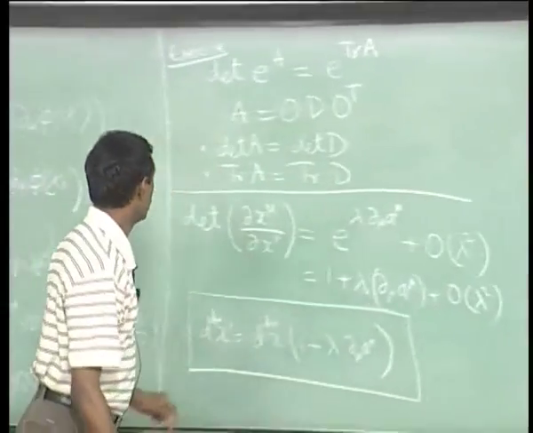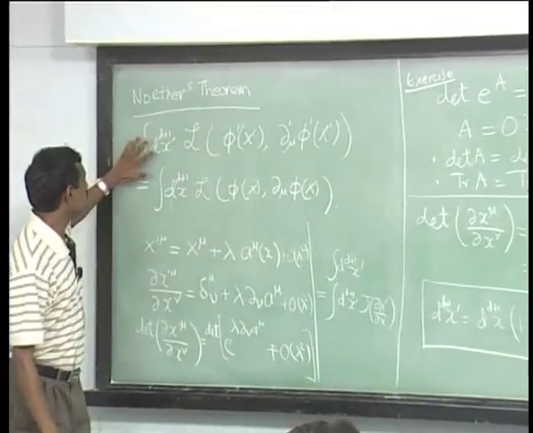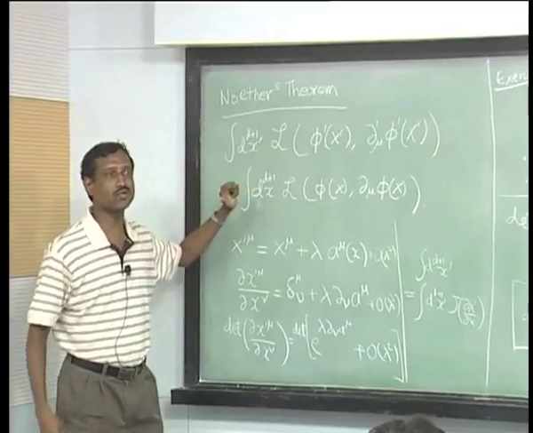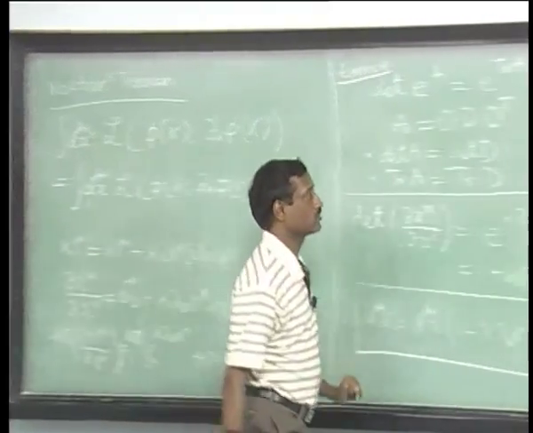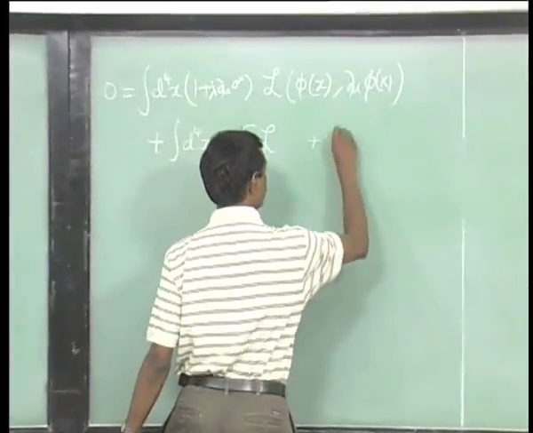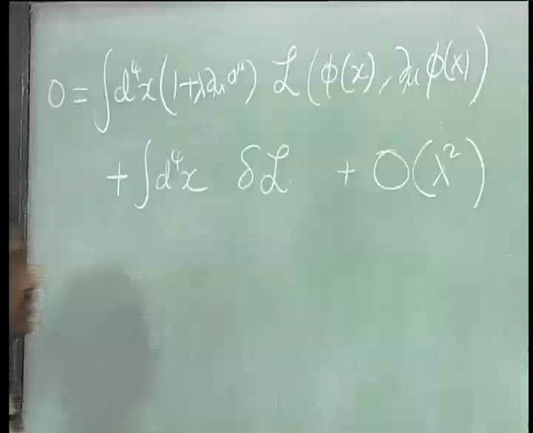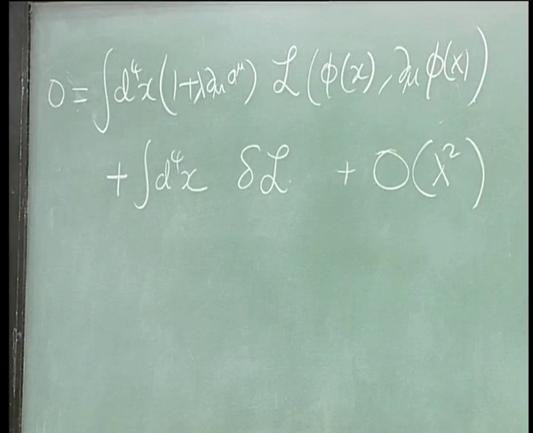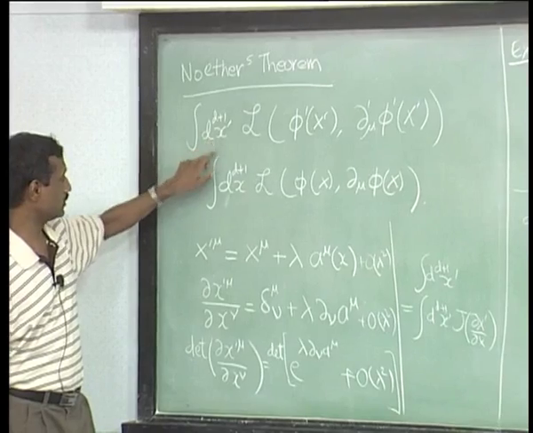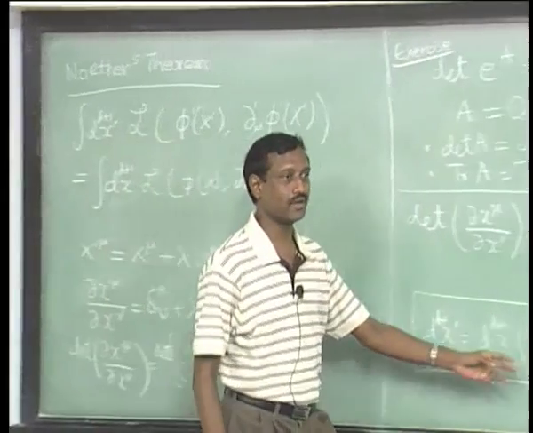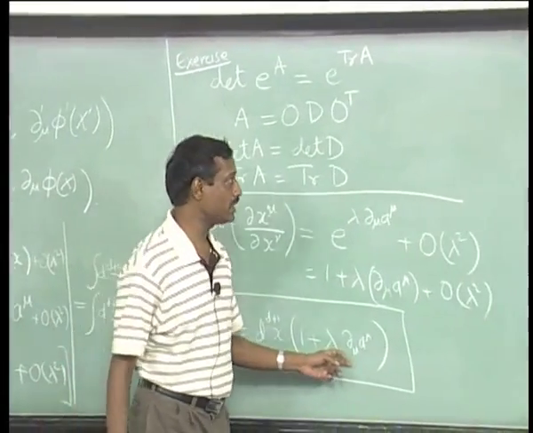Okay. So let us for a moment assume that since we are going to work only to order lambda plus order lambda square, what I am doing out here is a term like this is already order lambda.